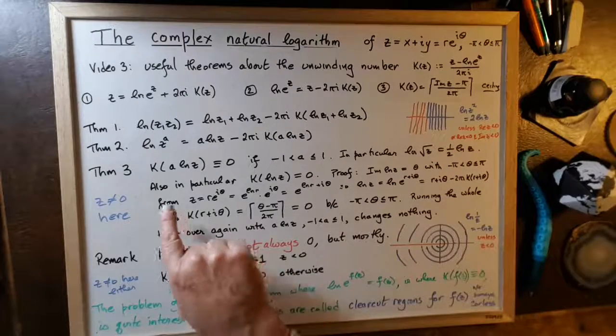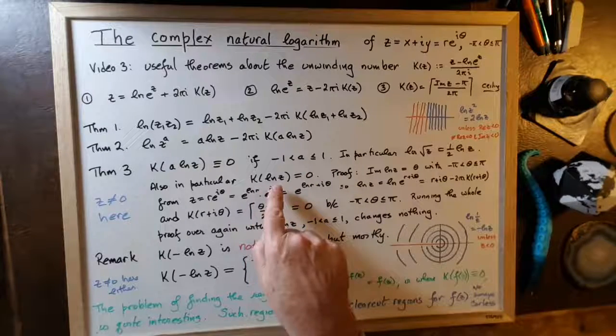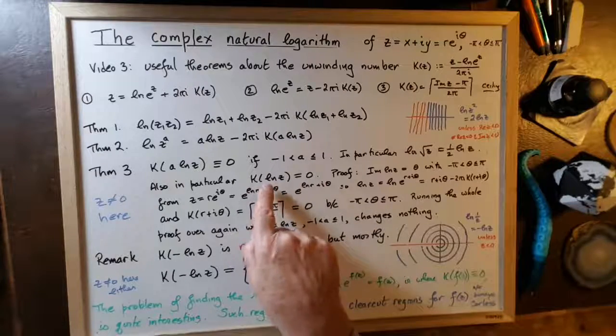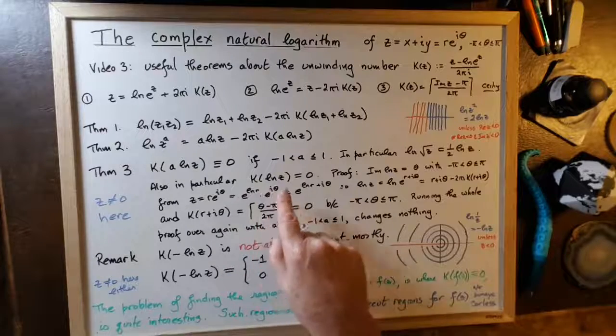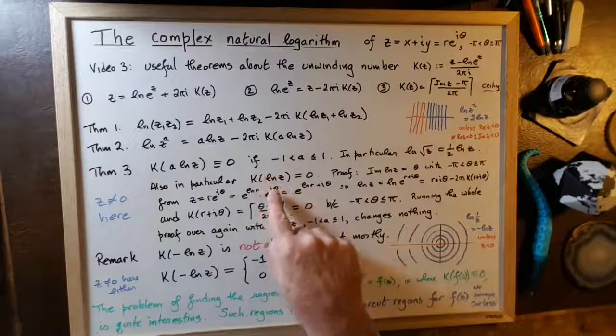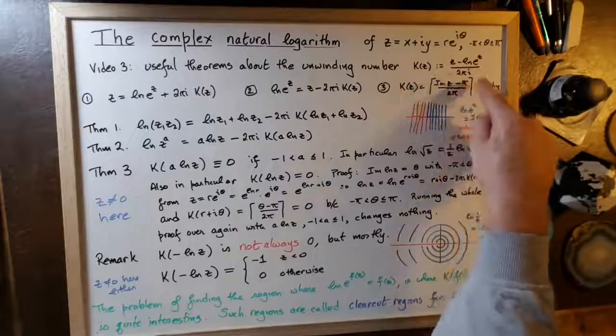So also in particular, when a equals 1, we have K of log of z itself is equal to 0. I'm just going to prove it for the case a equals 1, and then we'll go back and fix it up for all other values of a. So the imaginary part of log of z, that's what we need to throw into this formula for the ceiling.